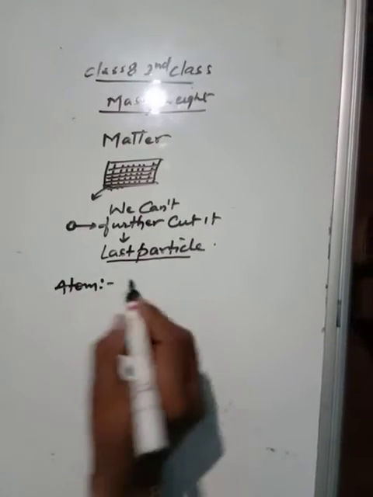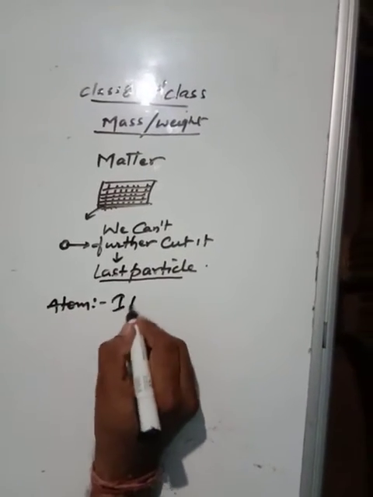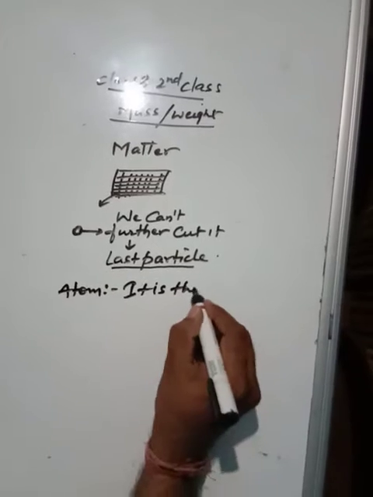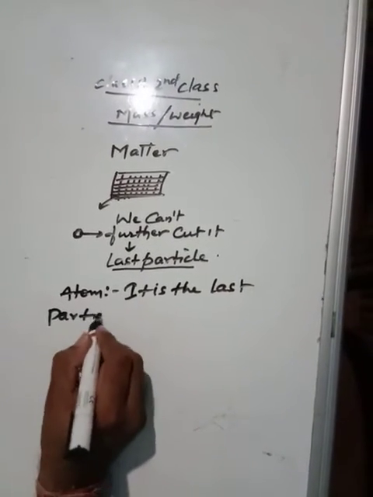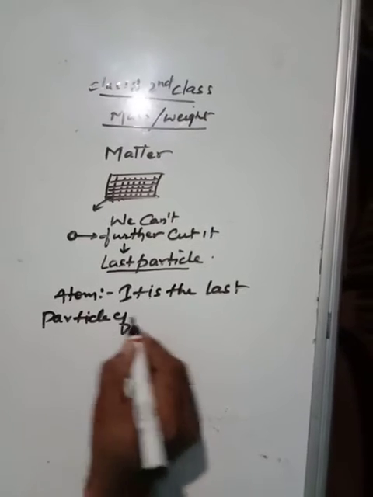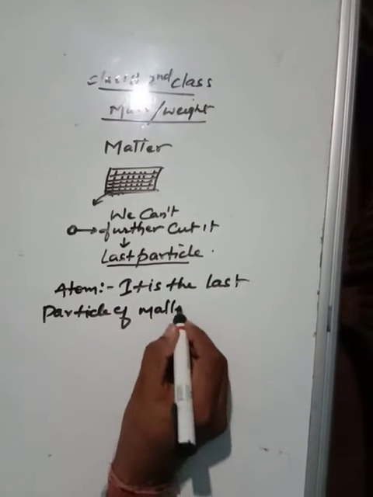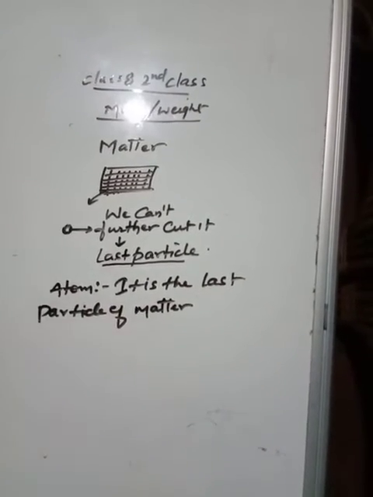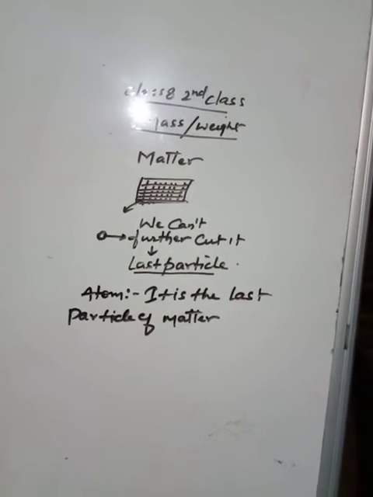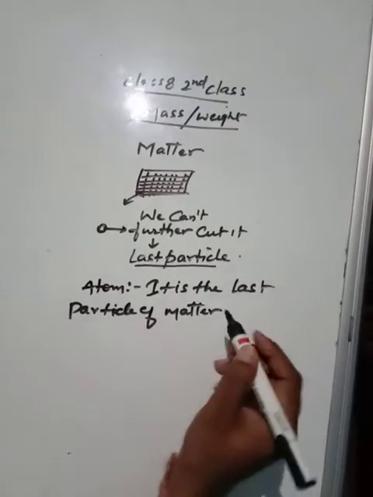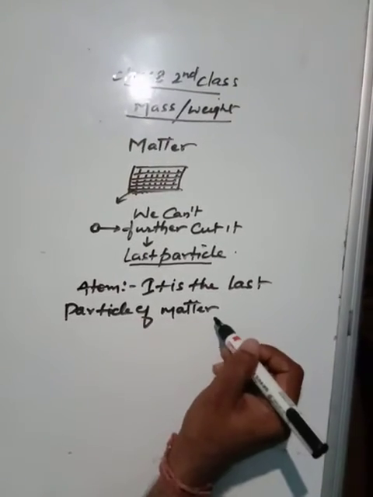So a term is there, atom. It is the last particle of matter. John Dalton had given us the view that atom is indivisible, indestructible in nature. So indivisible means last particle.